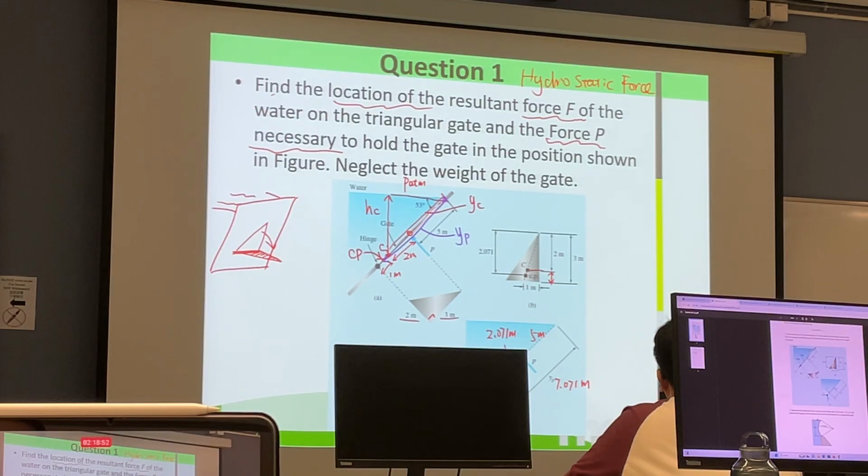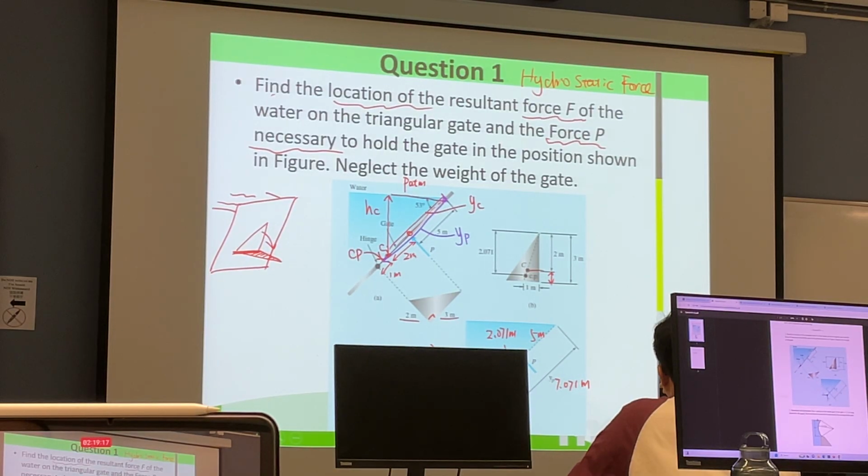Because we need to estimate the moment of F about the hinge point here, this distance is 3 meters subtract 2.071 meter.